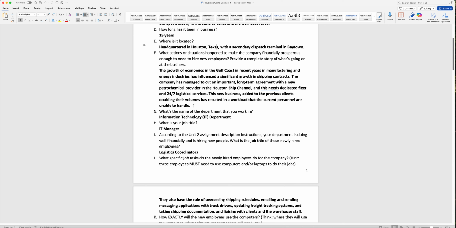So for this context, you're writing to the CEO or the owner of the business, whatever, and also thinking about from that context, right? If you are the CEO and you're trying to run this business that is so prosperous that you can afford to hire 10 people, you probably don't know all of the day-to-day things that are going on.